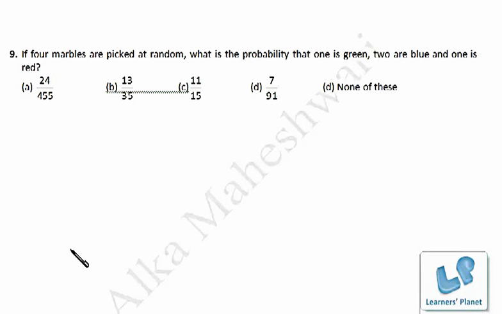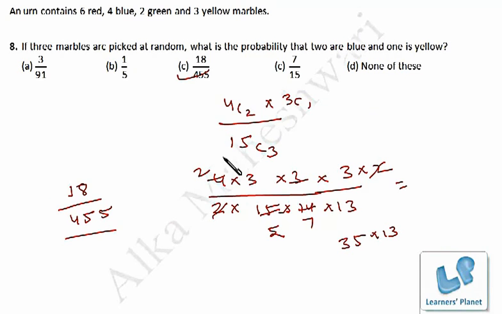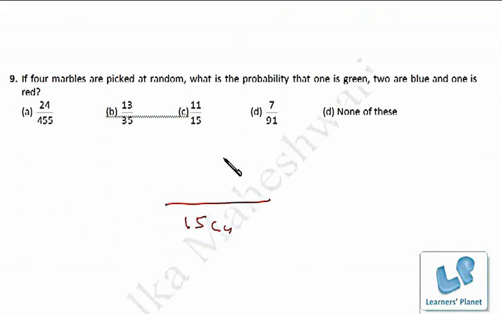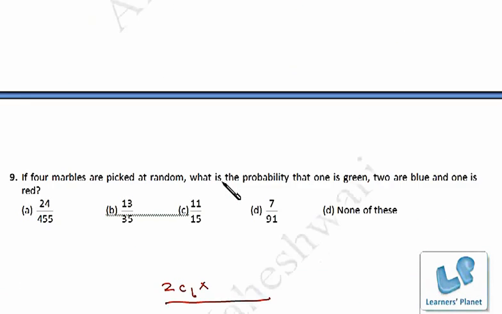Similarly, 4 marbles are picked up at random. What is the probability that one is green, 2 are blue, and 1 is red? As simple as that. It's 15C4. What do you want? 1 is green. How many greens do we have? 2 green. So just put it over here. It's 2C1 into 2 are blue and 1 is red. How many blues are there? 4 blue and 6 red.